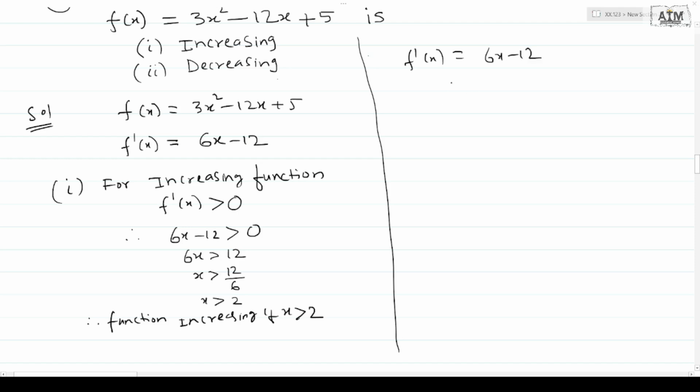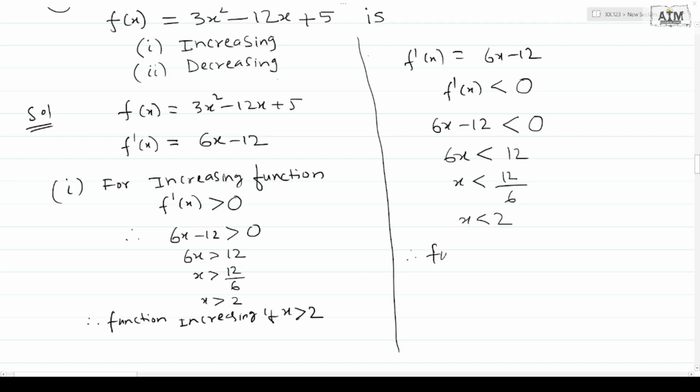For a decreasing function, f dash x less than 0 implies 6x minus 12 less than 0, implies 6x less than 12, implies x is less than 12 upon 6, x is less than 2. Therefore, the function is decreasing if x is less than 2.